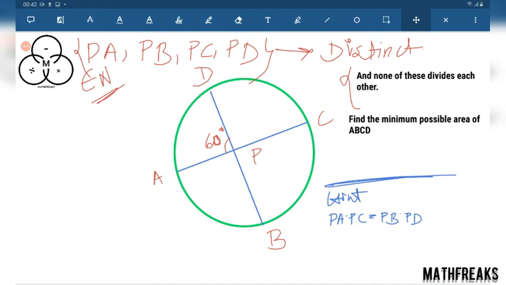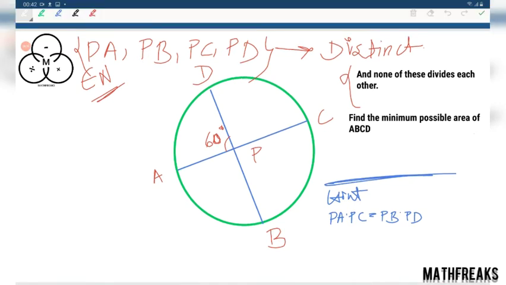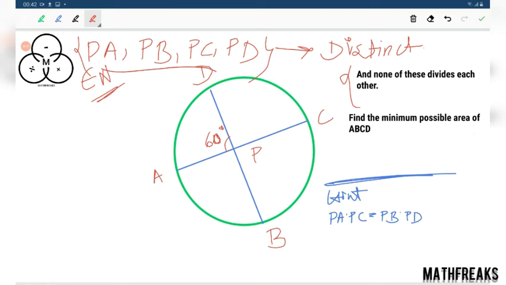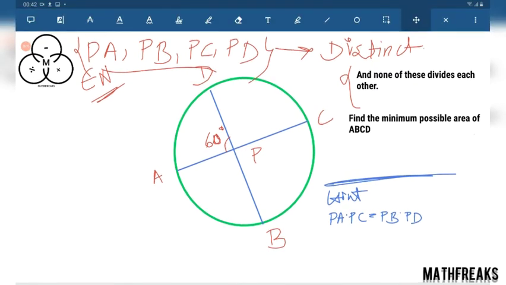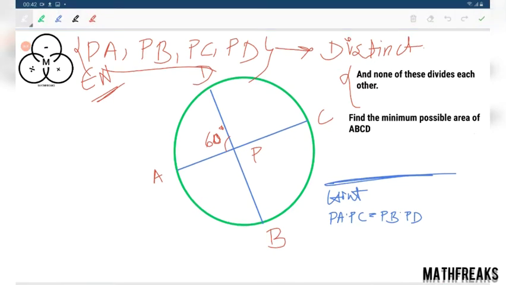Find PA, PB, PC, PD such that these are minimum. Then only the area will be minimum. And then we apply the logic that they don't divide each other and are distinct.